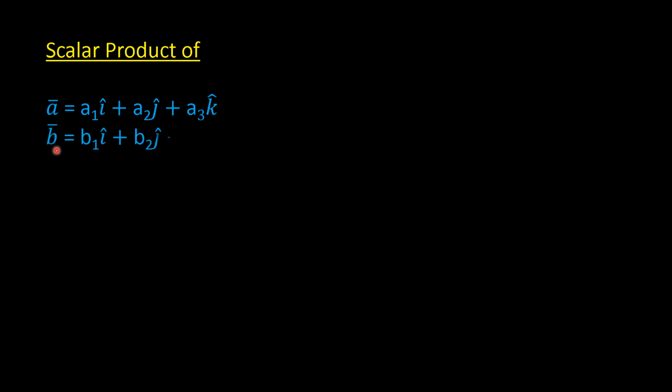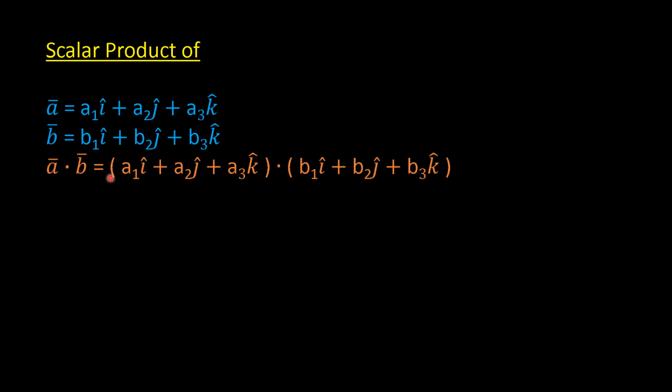What will be the scalar product of vectors A bar and B bar, where A bar is A1 i cap plus A2 j cap plus A3 k cap, and B bar is B1 i cap plus B2 j cap plus B3 k cap? A bar dot B bar gives us the product of A bar dot B bar.